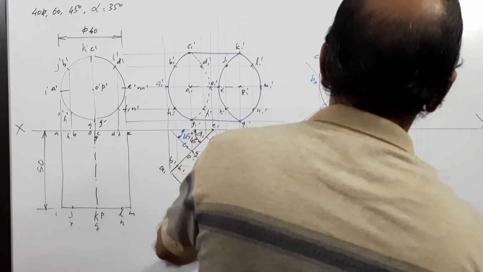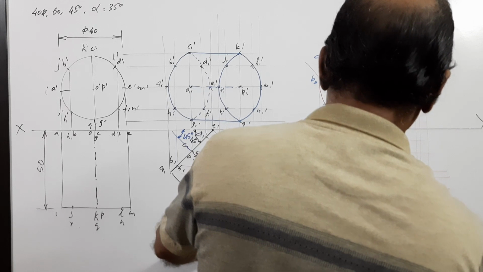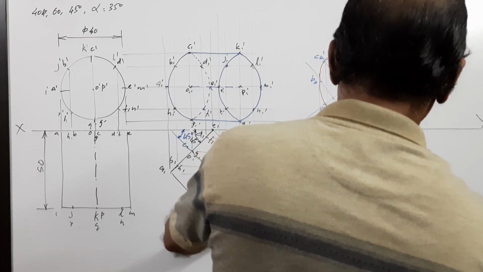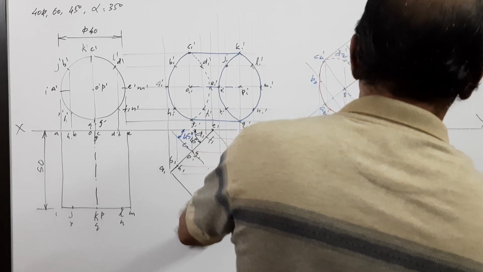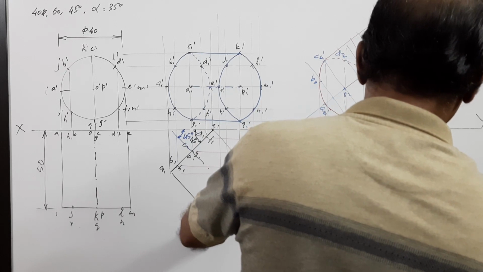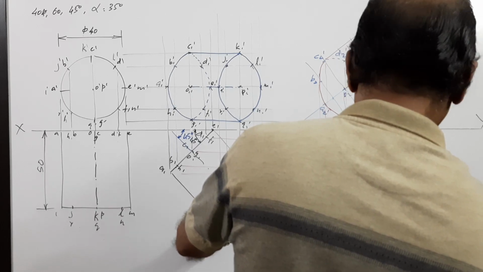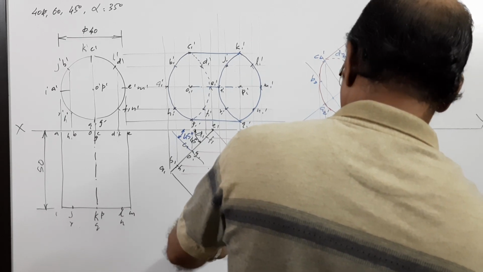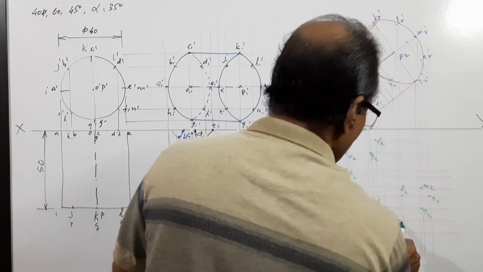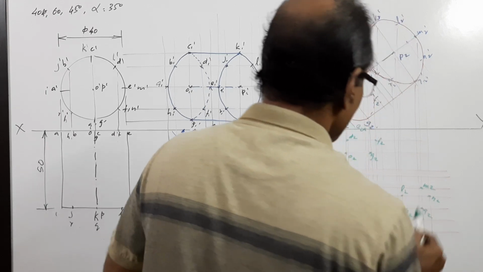I2, J2, K2, L, M, N, Q, R, P. We have got all the points.